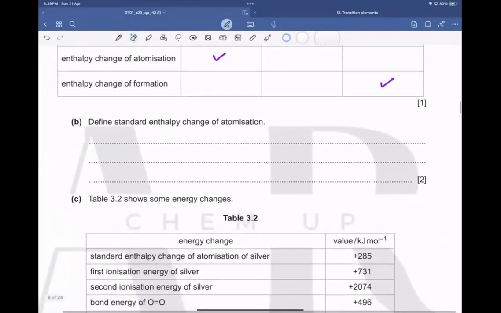Now, in the next part, define standard enthalpy change of atomization.